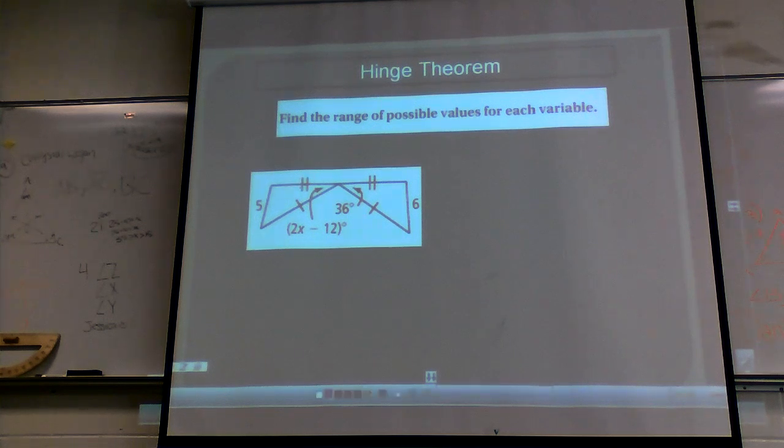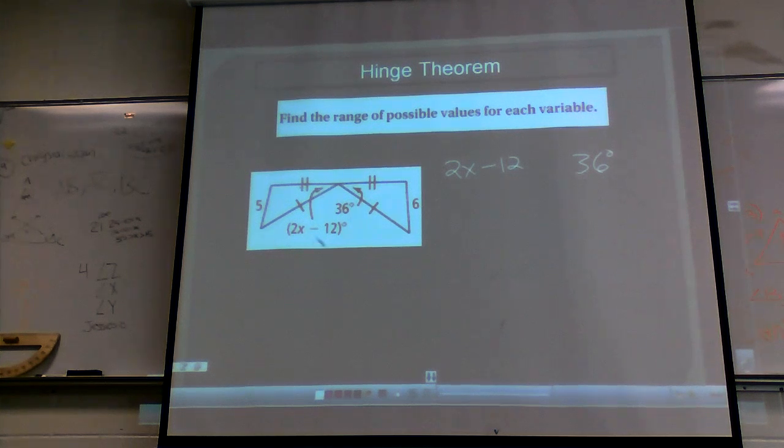Okay? Now, since 5 and 6 are two different numbers, I know that those angles are not going to be equal to each other. But I can make a determination between that angle and that one as to which is going to be the larger angle.